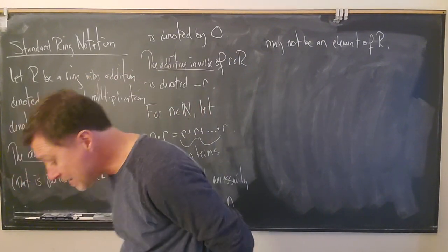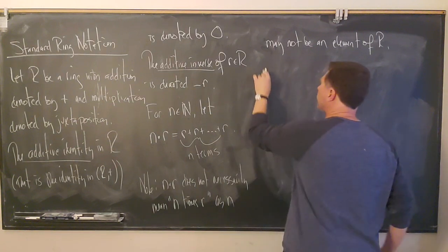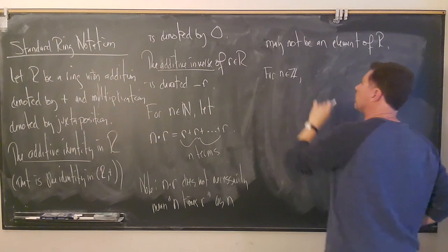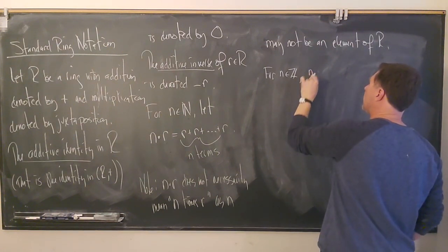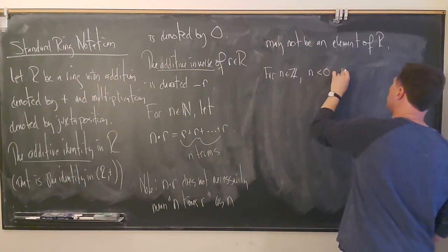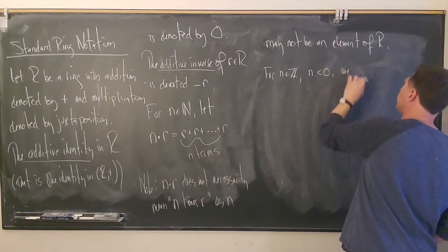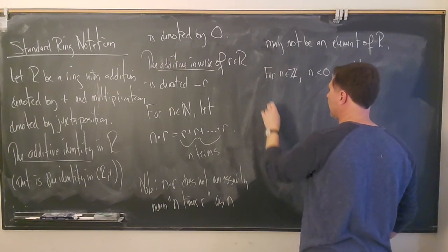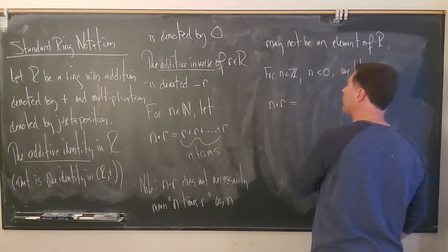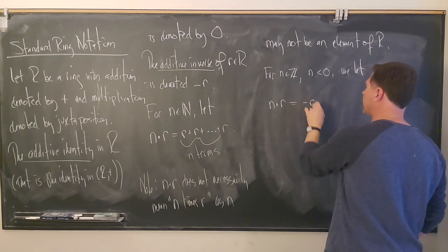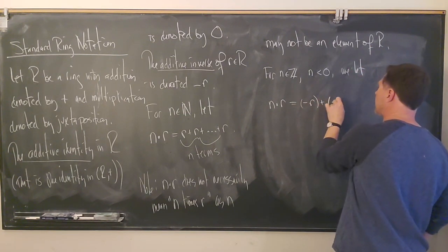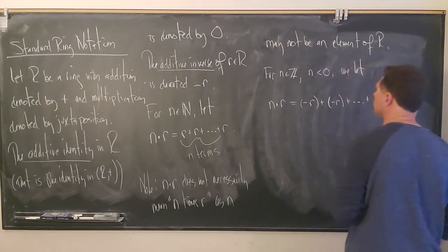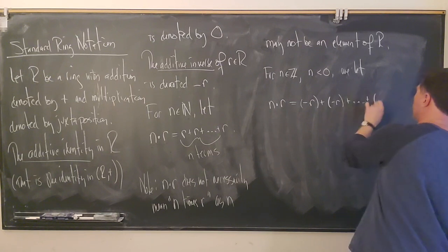If we take a negative integer, so for n in Z with n less than 0, we let n dot r mean negative r plus dot dot dot plus negative r.